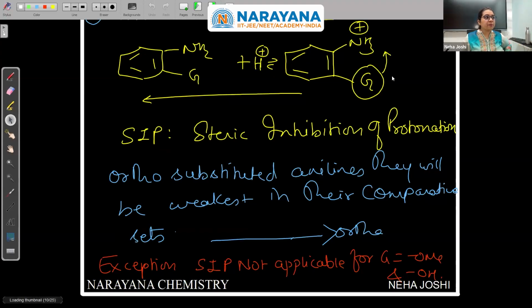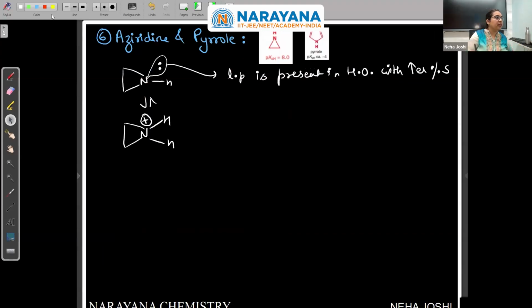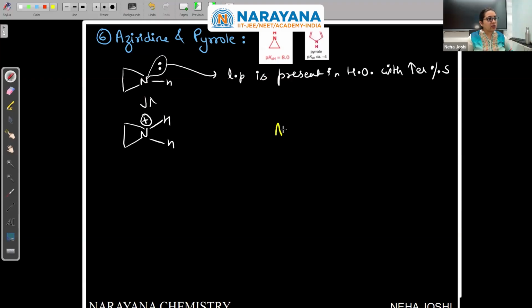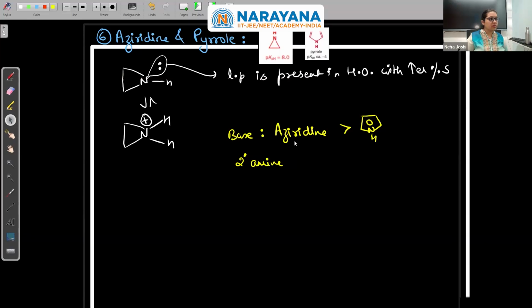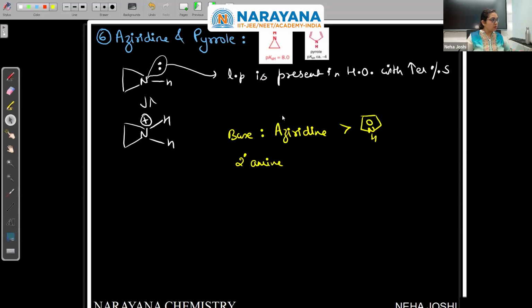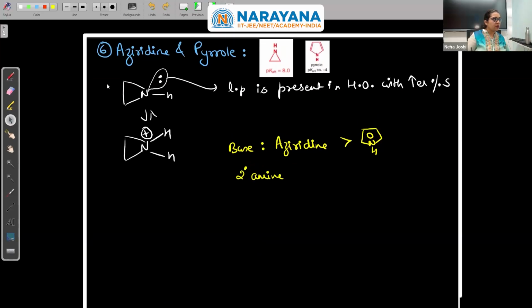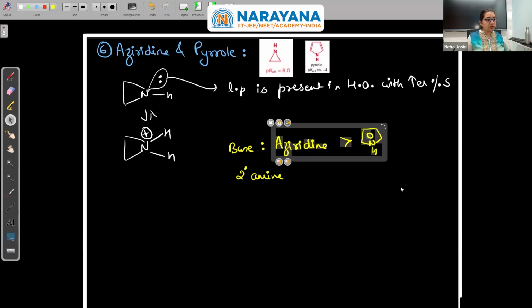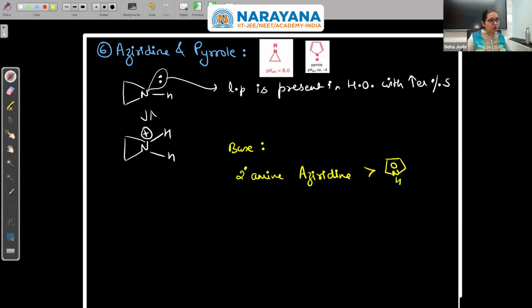But if we compare these two, then aziridine is stronger base than pyrrole, right? Basic strength, but is much poorer as a base than any 2-degree amine. 2-degree amine, then comes these. Is that clear? Right? Then comes these. This is what should be the order of their basic strength.